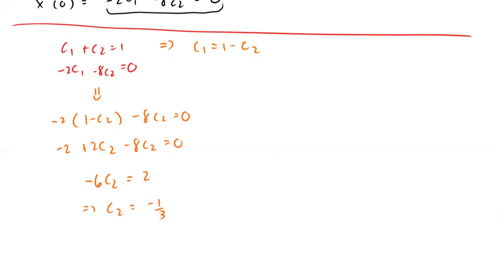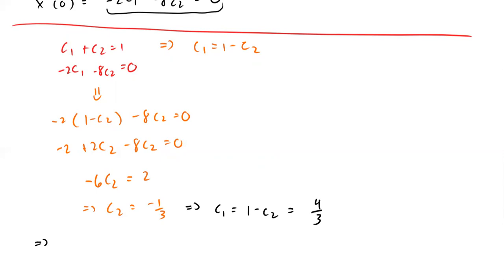From this, we can find C1, because we know that C1 is 1 minus C2. That's 1 minus -1/3, which is 1 plus 1/3, so that's 4/3.